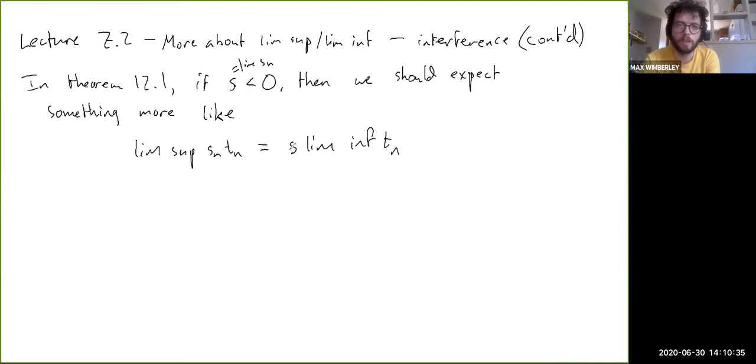Because basically, multiplying by a negative constant should just reverse the lim inf and lim sup of Tn. So actually, the greatest values of the product sequence we would expect to be coming from the lowest values of Tn.